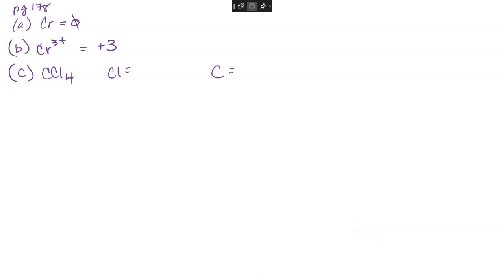So chlorine has to be -1 because it has a higher priority as group 7. Carbon then, we're going to use algebra. So carbon plus 4 chlorines is equal to the overall charge of 0. What's carbon equal to? +4. Good. I like the use of signs.